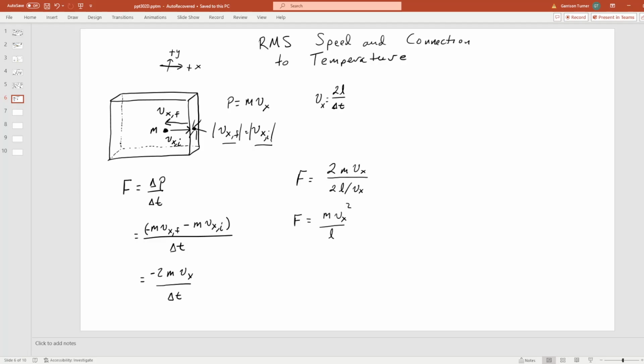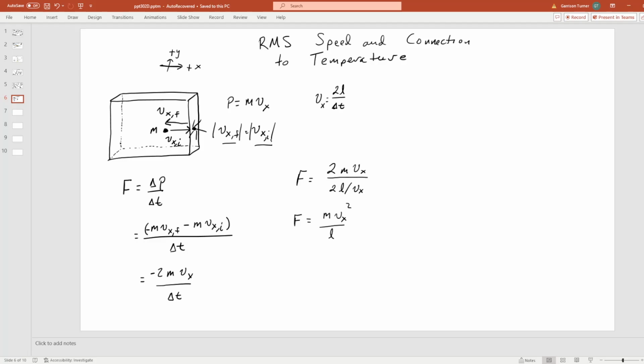So their magnitudes are going to be equal. So the entire question is, what force does the molecule exert on the side of the container?